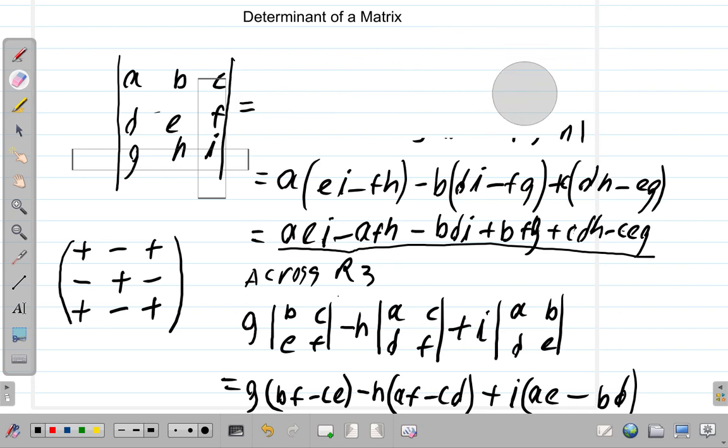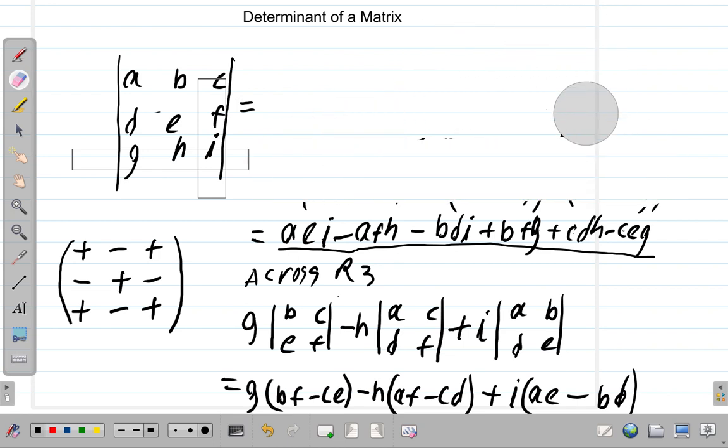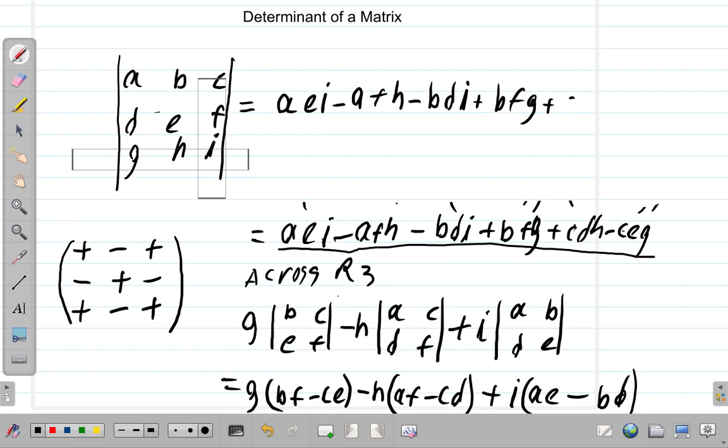So we found that the determinant here was AEI minus AFH minus BDI plus BFG plus CDH minus CEG.